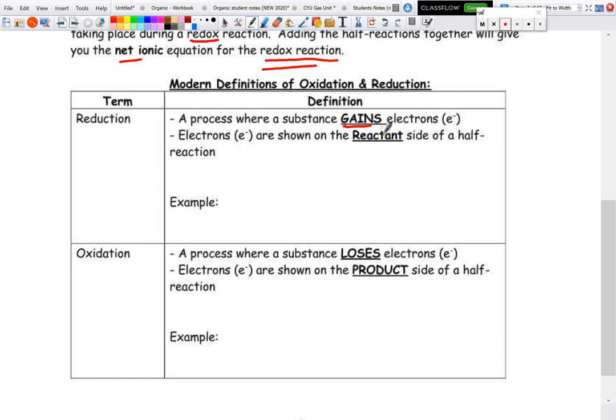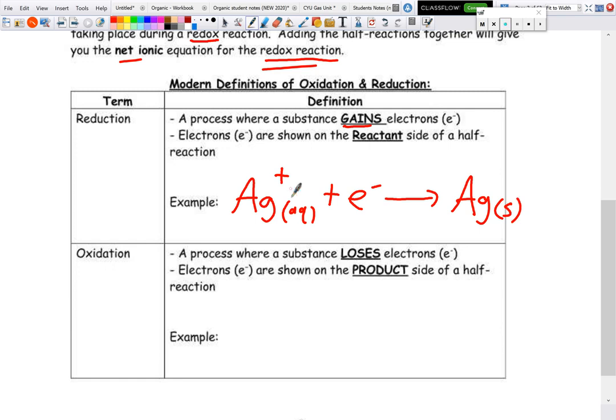For example, if we had silver ions, and it reacts with one electron, we will get the silver element. Here we can tell that the silver ion has a +1 charge, it's only going to react with one electron and produce our element. Now if we look at the charges, we balance by mass first.